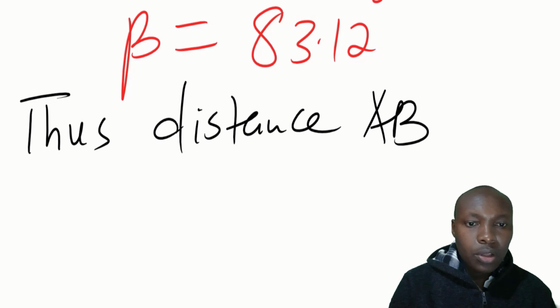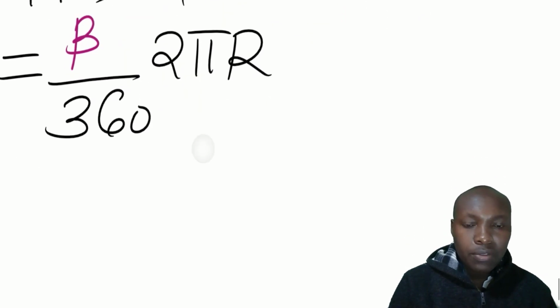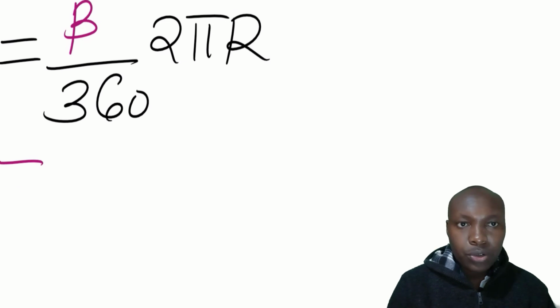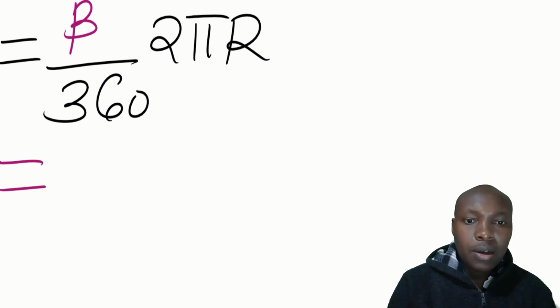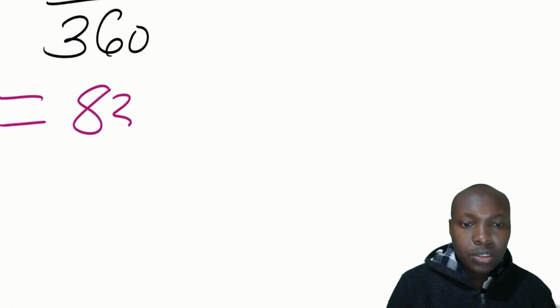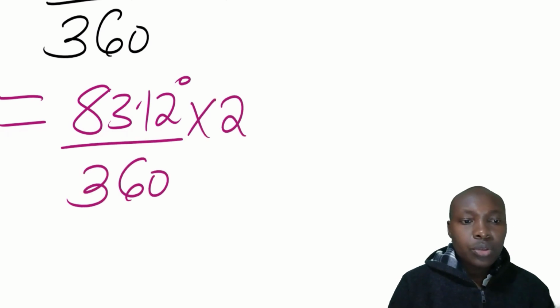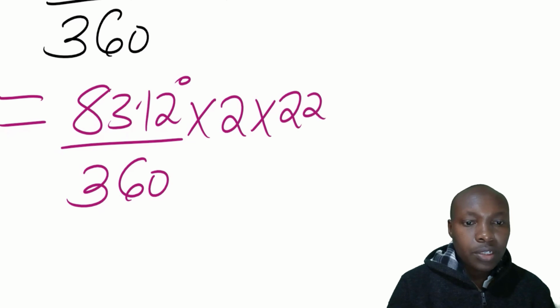So therefore, the distance AB, since we have the angle at the center, it's just a repetition of the previous part. Beta is 83.12 degrees divided by 360, multiplied by 2 times 22/7 times the radius of the earth.